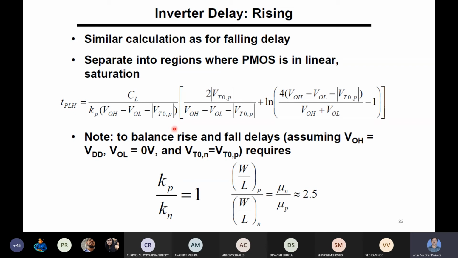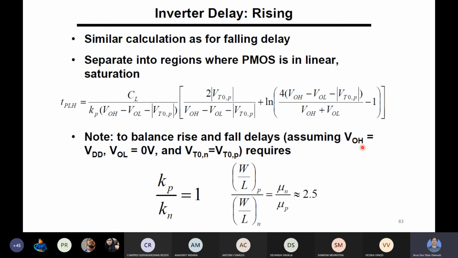And if we consider all these calculations and theories, to balance rise and fall time delays, we are considering the ideal case, the best case, that VOH should be exactly equal to VDD, VOL should be 0, and VT0N should equal VT0P.